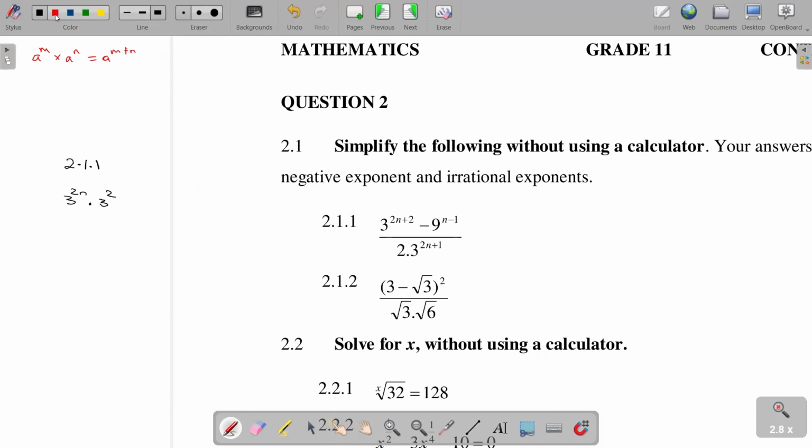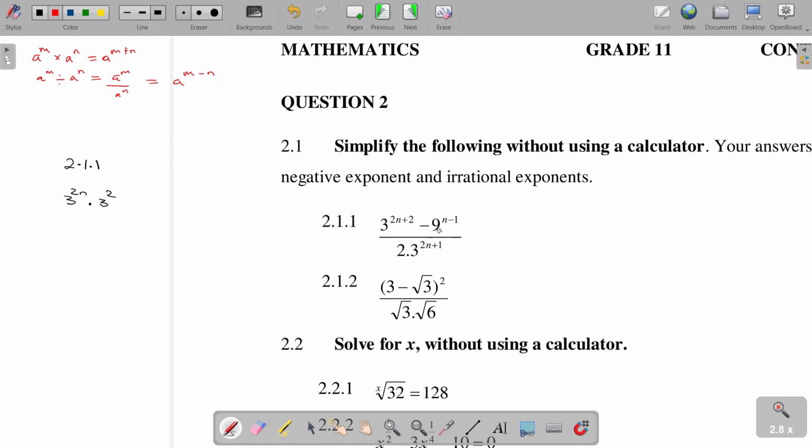Then another law we are going to use says a to the power m divided by a to the power n must be equal to a to the power m minus n. The exponents subtract each other.